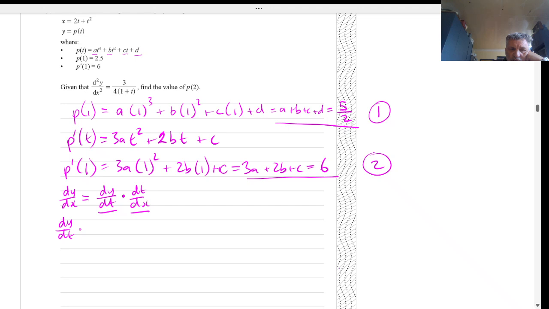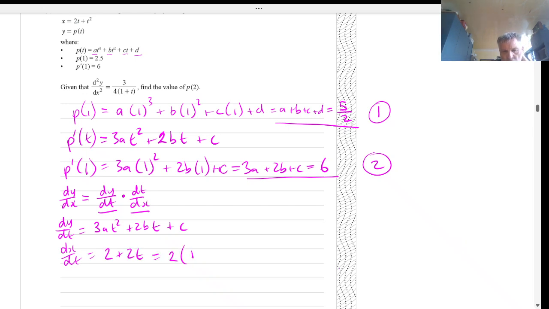So dy by dt, actually we've already done that. That's the p prime of t here, so 3at squared plus 2bt plus c. And dx by dt, differentiating up here, we get 2 plus 2t.